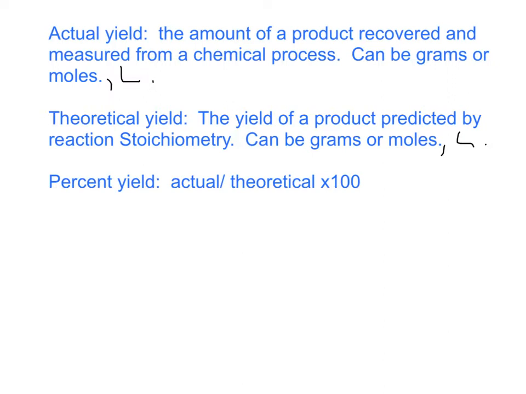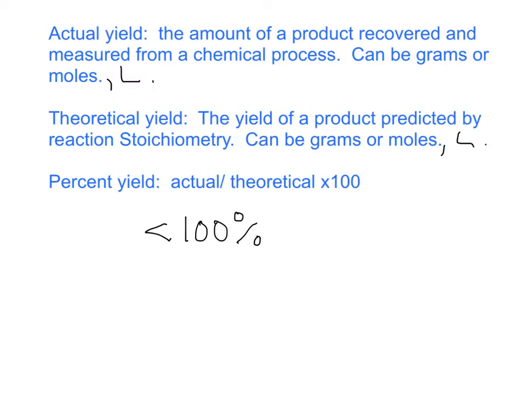So if you rule out any contamination from other substances, the percent yield theoretically could be no greater than 100%, and in actuality it's almost always less than 100%, because the lab work's never perfect. You're going to lose product, or you're going to have maybe some small amount of reactant that doesn't react for whatever reason, and so you don't always collect all of the product that the stoichiometry would have you do.